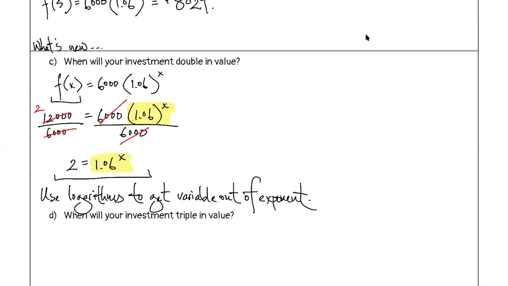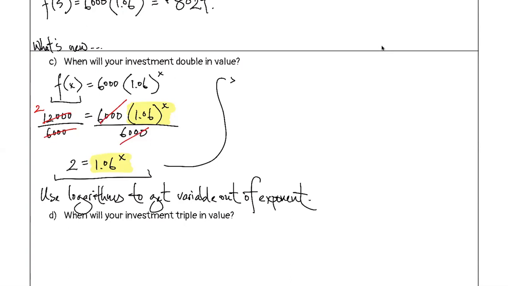We're going to use logarithms to get the variable out of the exponent. I'm going to show you what it looks like now, but we're going to talk about it a little bit more deeply in the lesson, okay?